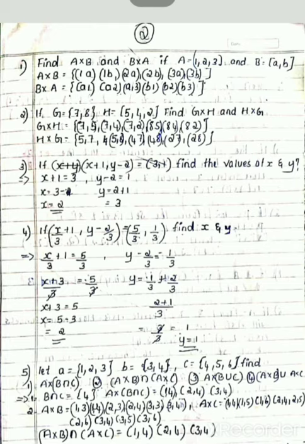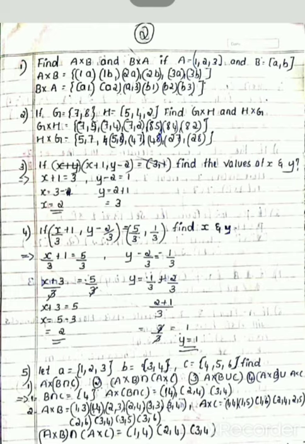Whenever you do operations in mathematics, you have to perform the operations given inside the bracket first. So first let us take the operation B intersection C. What is B?